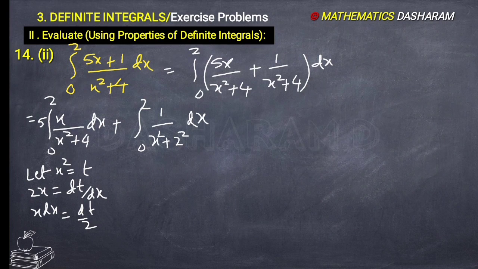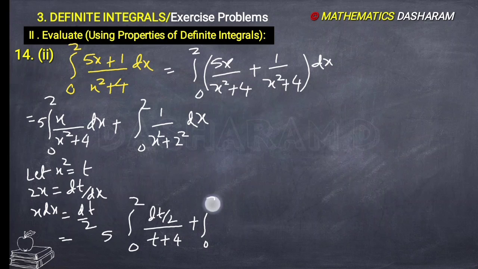Next, substitute these values only in this first integral, not in the second. So the answer is 5 into integration 0 to 2, where x dx can be written as dt by 2, divided by t plus 4, plus integration 0 to 2.